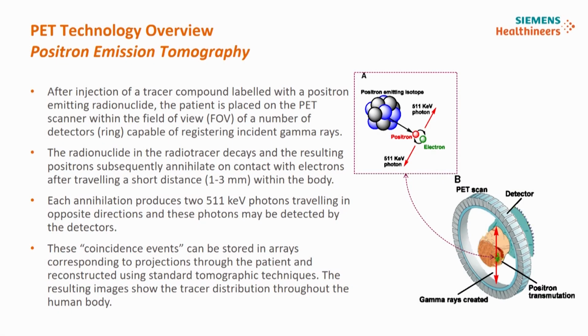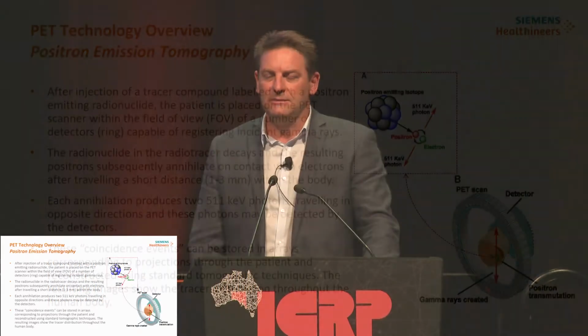So for those of the audience that are not from a medical physics background or a PET physics background, just a very quick recap of how PET imaging is done. Essentially, positron emission tomography involves the injection of a positron-emitting radionuclide.